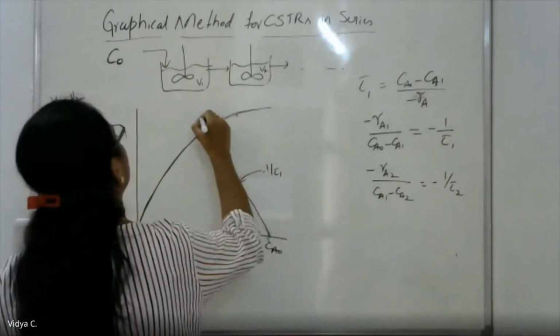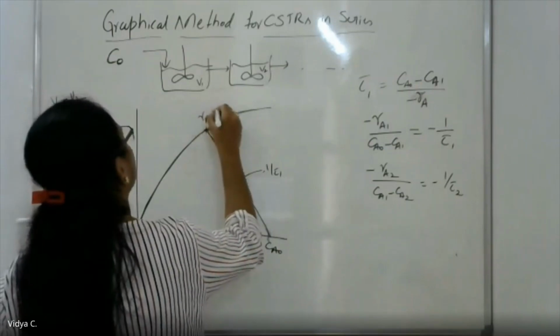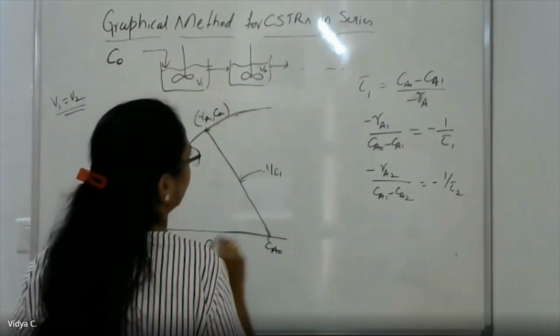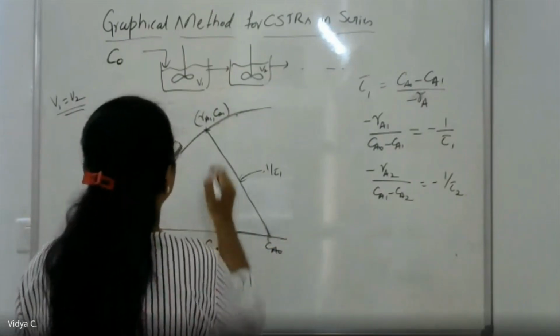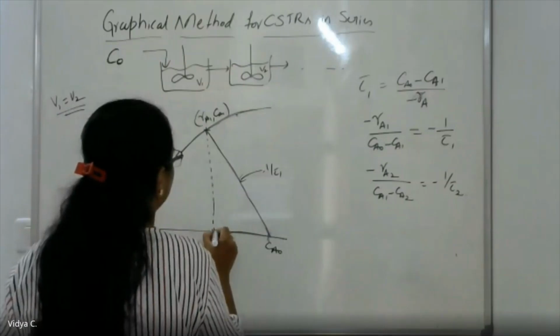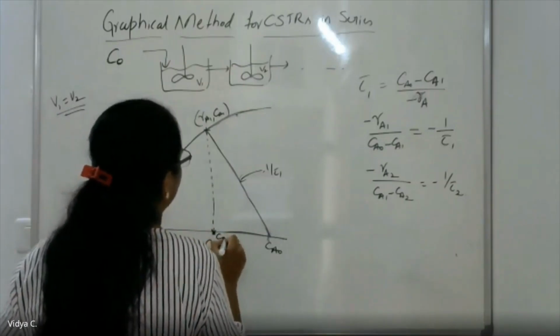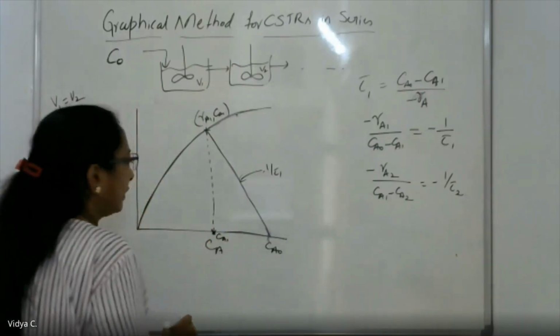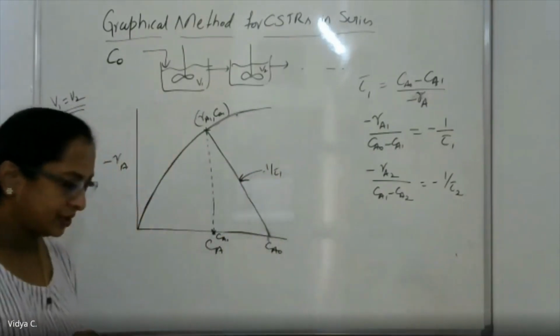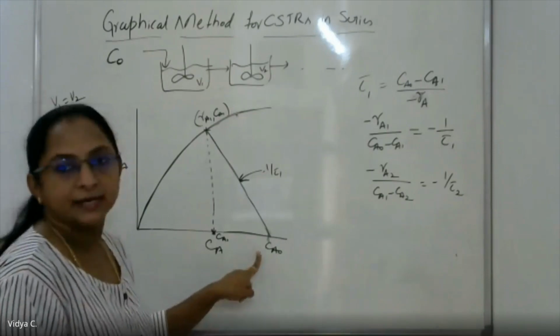And this will be RA1 and CA1. Okay, so first the procedure is first locate CA0.